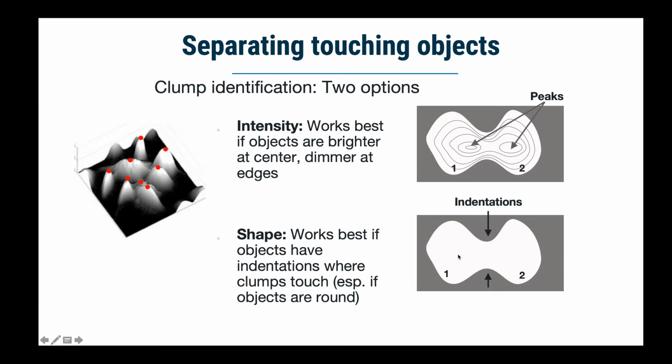So if we take the furthest point from any edge as our object center for a relatively round object, that'll work great. And because here we have an indentation, this point is not very far from edges. This point is very far from edges, so the actual object centers will get defined here and here.